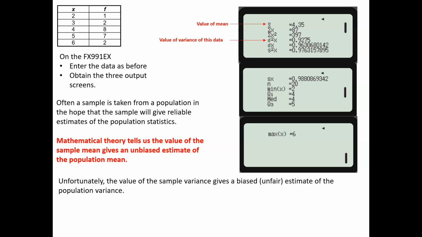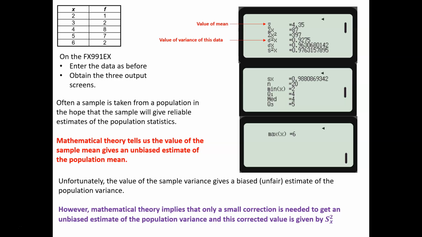Unfortunately, the value of the sample variance gives a biased, that is an unfair, estimate of the population variance. However, the mathematical theory implies that only a small correction is needed to get a good, unbiased estimate of the population variance. And this corrected value is given by Sx squared, which is also shown on that first page of our calculator display.